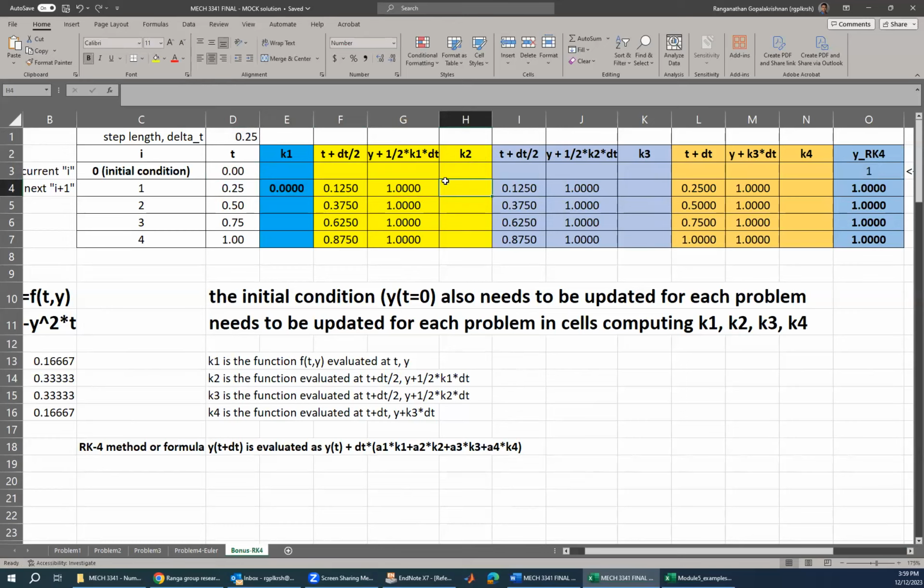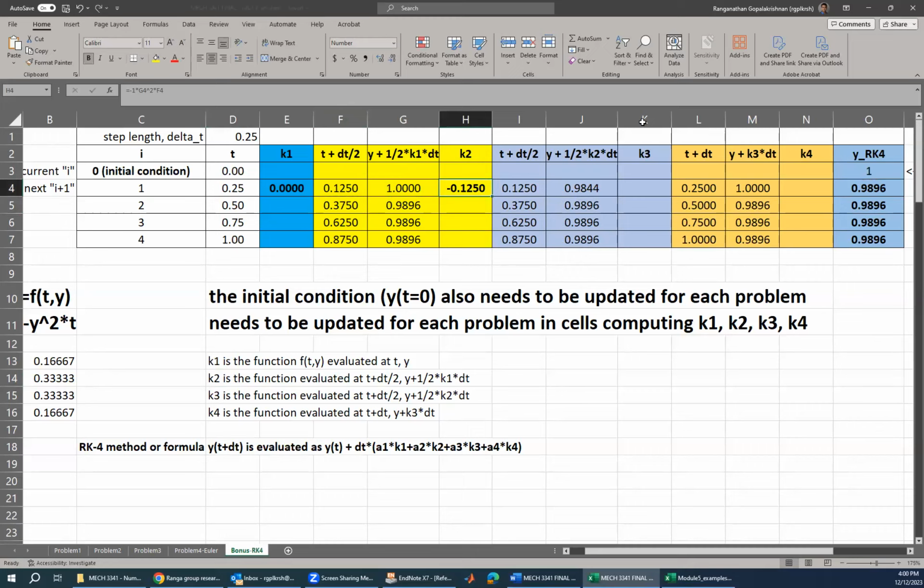And then k2 is the function evaluated at these two values. If you see here, k2 is the function evaluated at column F and G, that is F4 and G4. So what is that? That is minus 1 times y squared times 0.125, or t plus delta t over 2. So that is minus 0.125.